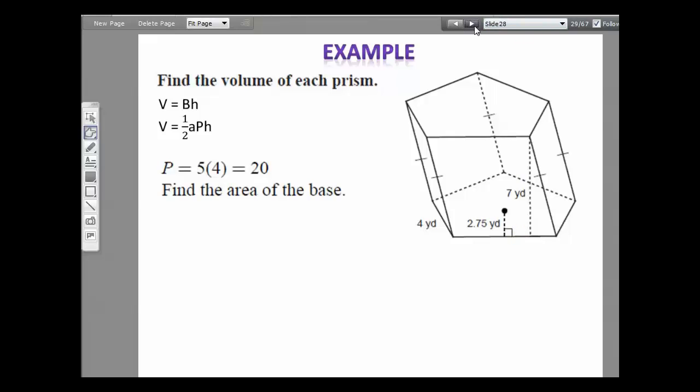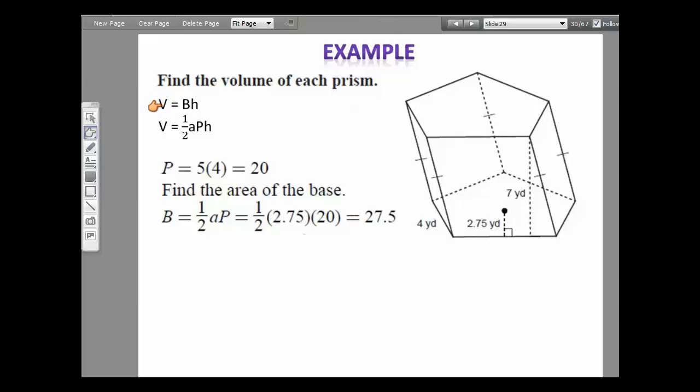So we're going to find the area of the base. Little a is the 2.75, capital P is the 20. They put that in their calculator and got 27.5 for the area.